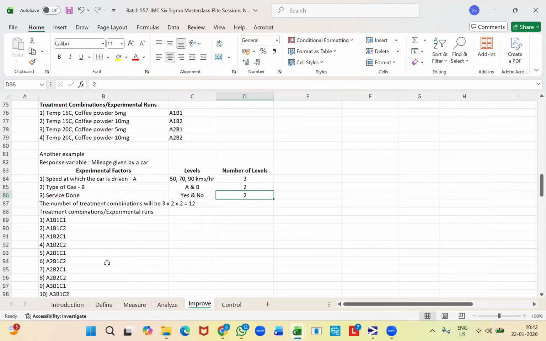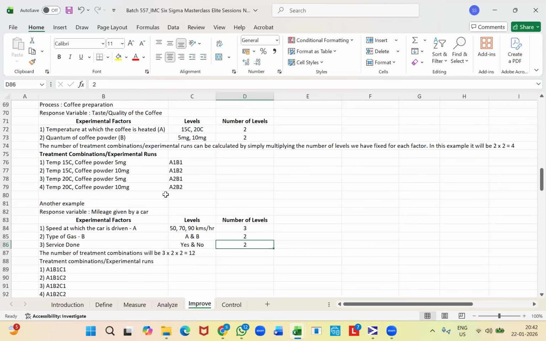Sometimes what will happen, if you are new to this particular concept, it would be very difficult. If you have only two factors each at 2 levels, writing down all these 4 treatment combinations is not going to be challenging, right? So you can also write this in terms of A and B and level 1 and level 2. But then you have a scenario wherein there are 3 experimental factors, and for one of the experimental factors we have 3 levels, and for the other two we have only 2 levels.